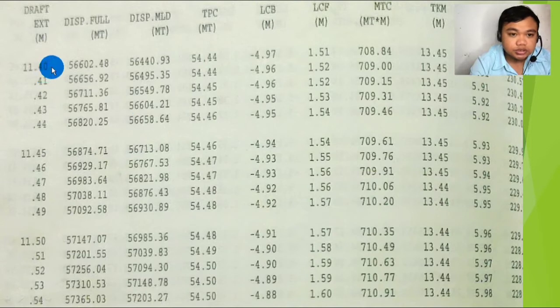So which means that the value will change depending on the change of the mean draft of the vessel.